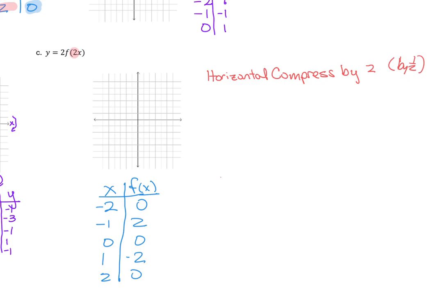What does that do to my x's? We divide all of our x's by 2. So -2 divided by 2 is -1. -1 divided by 2 is -1/2. We get 0. And when we divide the other ones by 2, we get 1/2 and 1.